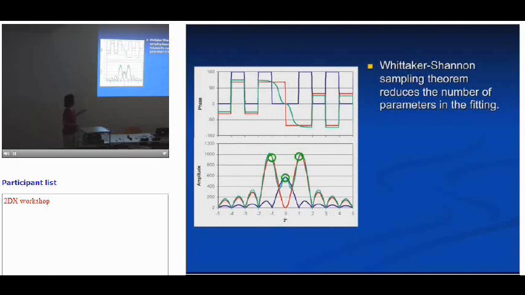By using the Whittaker-Shannon sampling theorem, it reduces the number of parameters I need to fit, because I only need to know the width of my envelope. I only need to know the values that I have at all these positions, 1/d, 2/d, and all those places. So it makes the fitting more feasible.